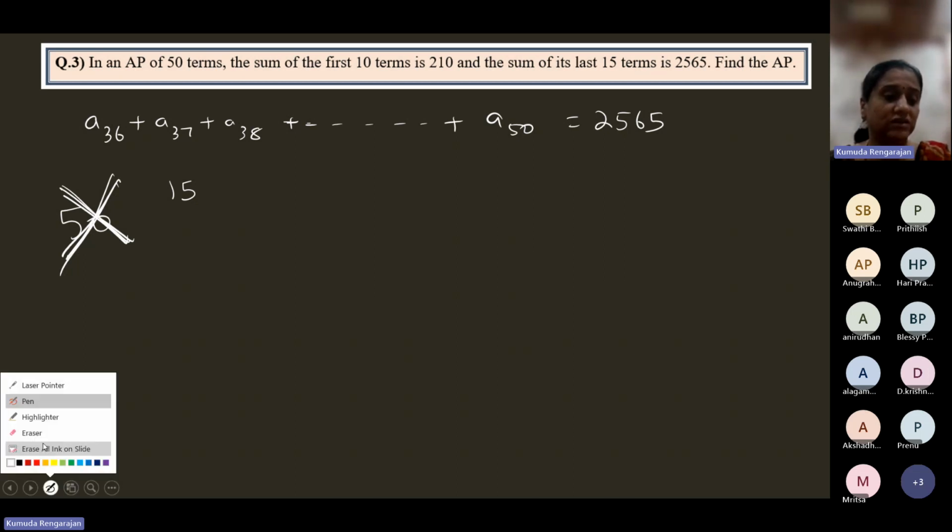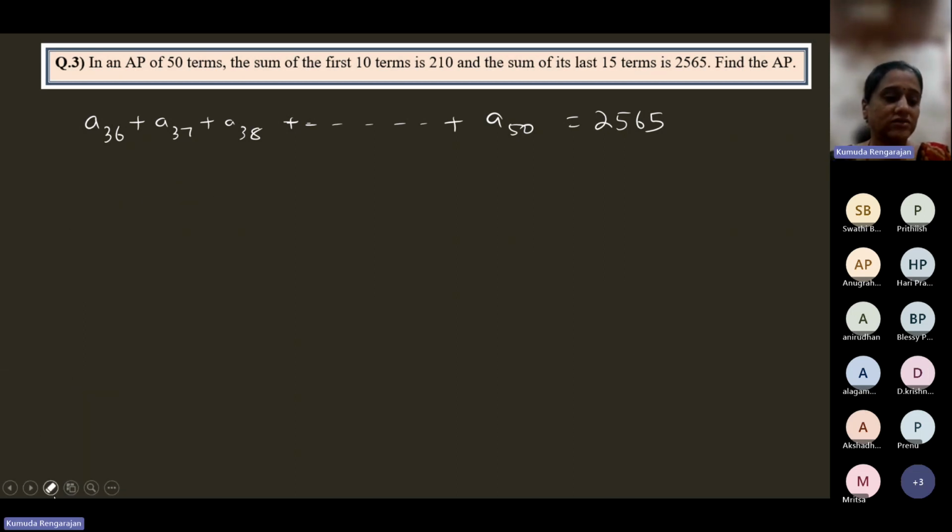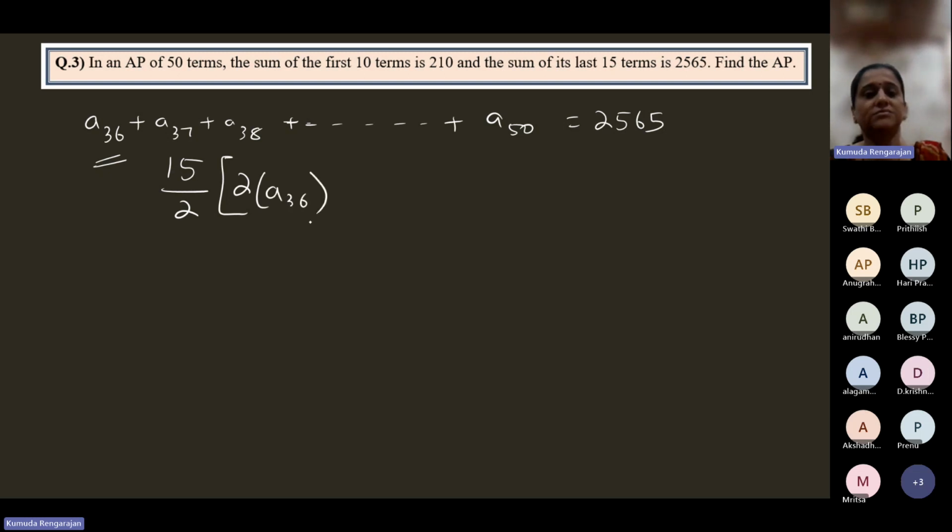So N is 15. 15 by 2 of 2A, be careful with A. We have found the sum from the 36th to the 50th term, so here the first term is A36. So 2A, 2 into A36.